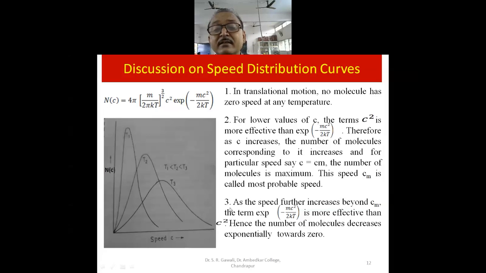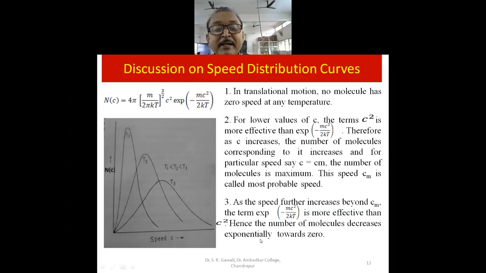Then as the speed of the molecules of the gas increases beyond this Cm, the exponential term becomes more effective than the C square term, and therefore the number of molecules decreases exponentially.